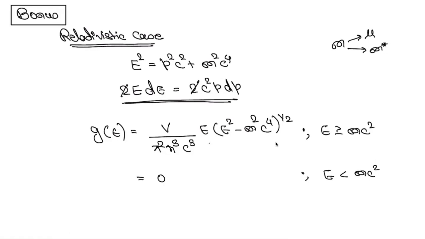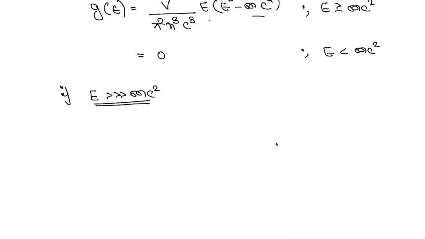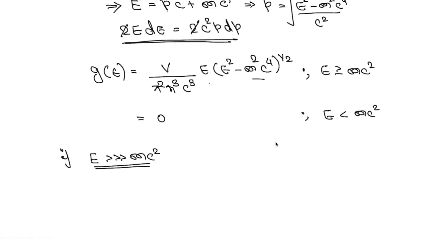What we did here is we just changed the value of P. From P square, you can find the value of P, which comes out as E square minus M square C4 upon C square. That is what we did here. So you put in the value and you find the relativistic case. Nothing else to do, just use this value of E. And also, if E is much greater than MC square, that means the kinetic energy is much greater than the rest mass energy, or the total energy is much greater than MC square, so we can neglect this term.